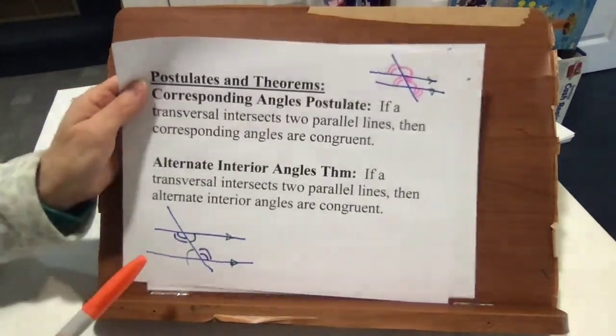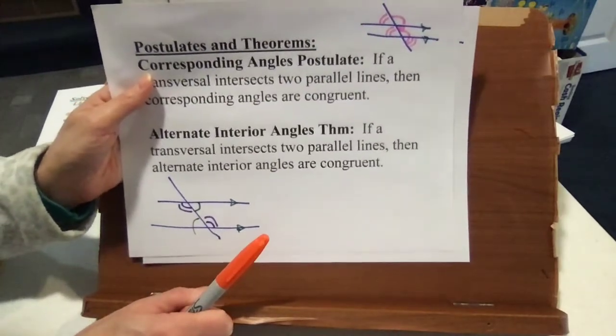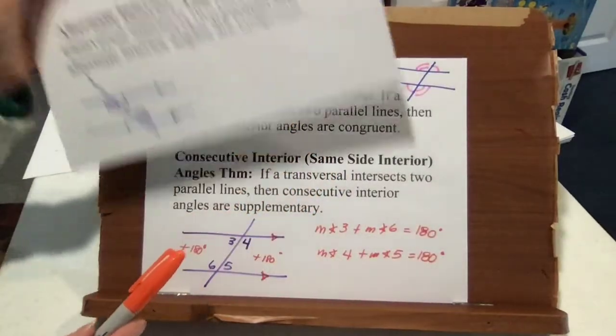So if you don't remember the names of the theorems, you have to write that entire statement out as a reason in a proof. Most of us will remember these names of the theorems or postulates.